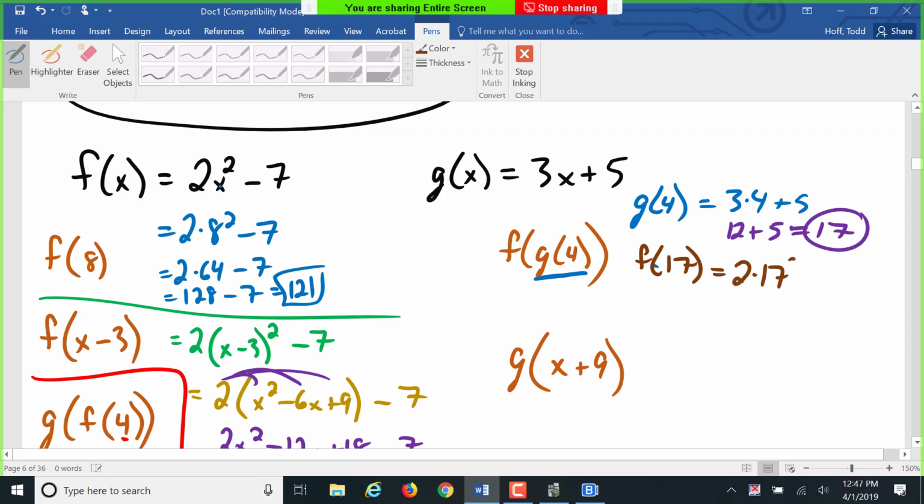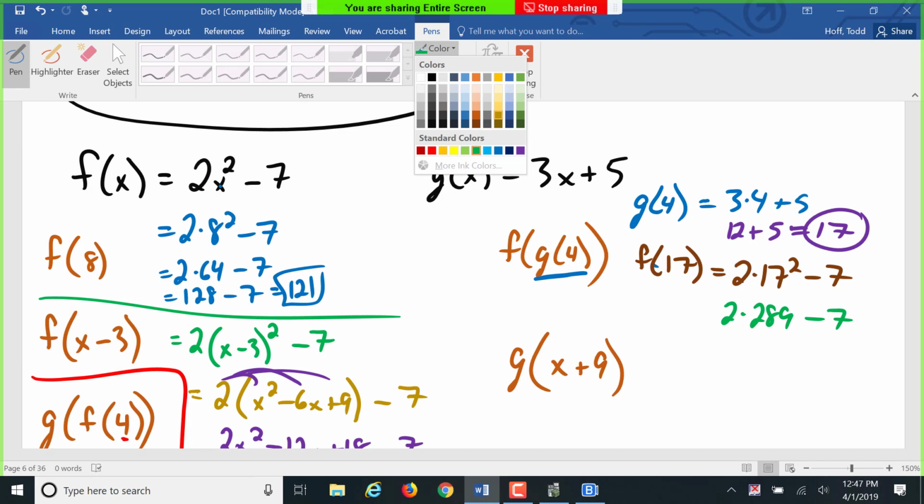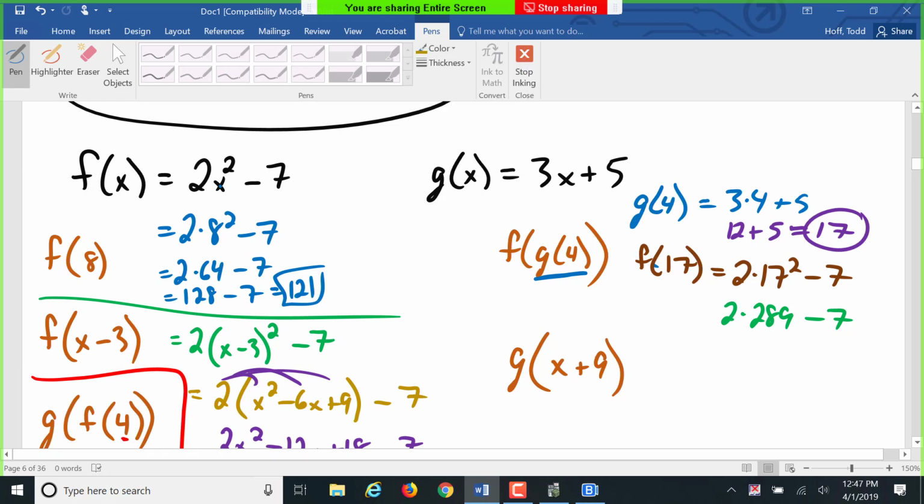So 2 times 17 squared minus 7. 17 squared is 289. 2 times 289 is, what, 578? Minus 7 is 571. Any questions on that one?